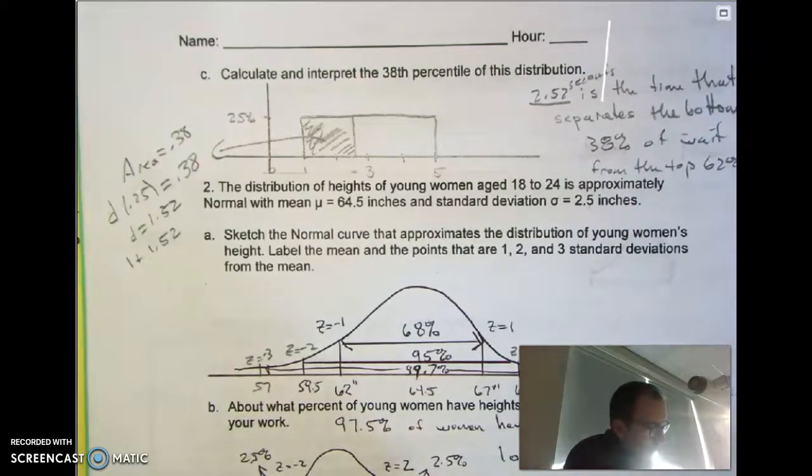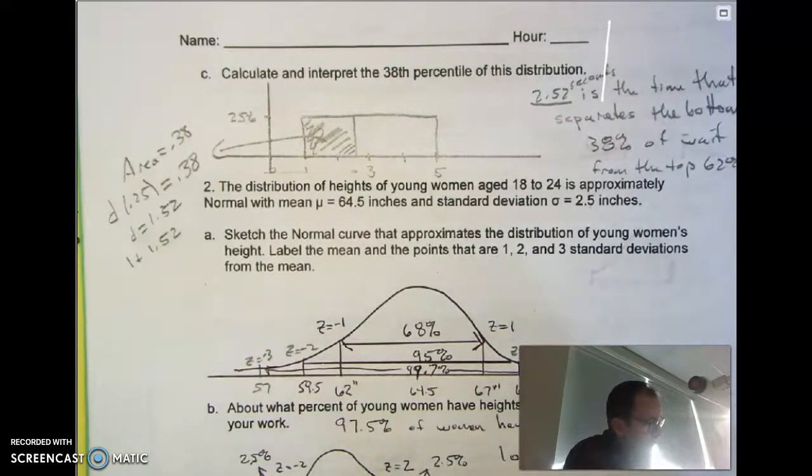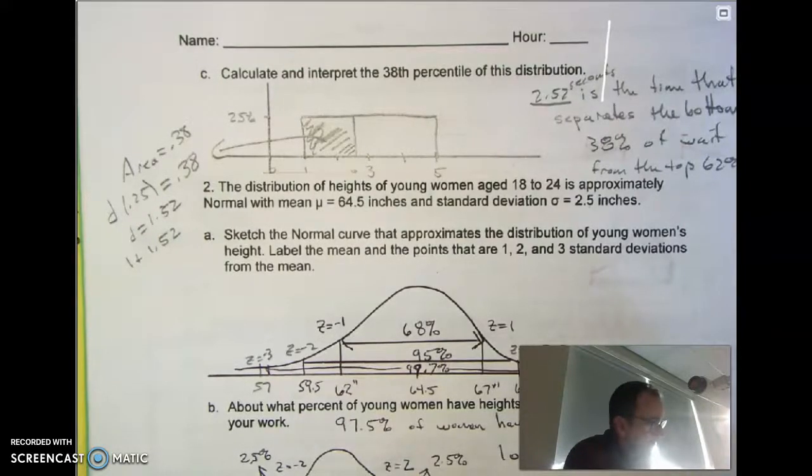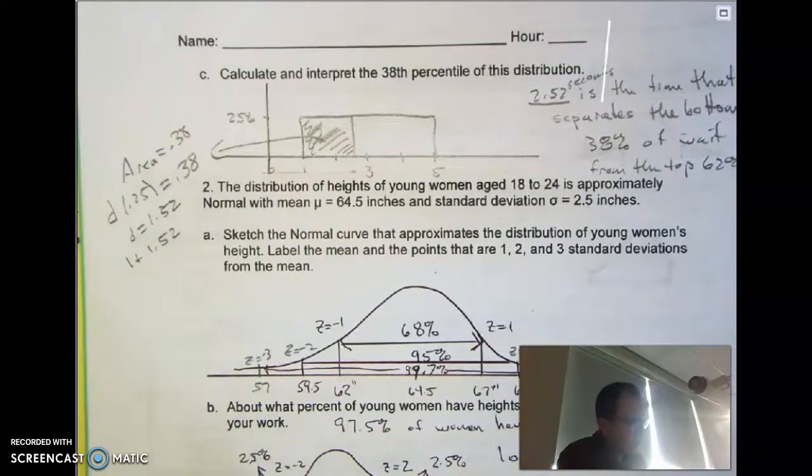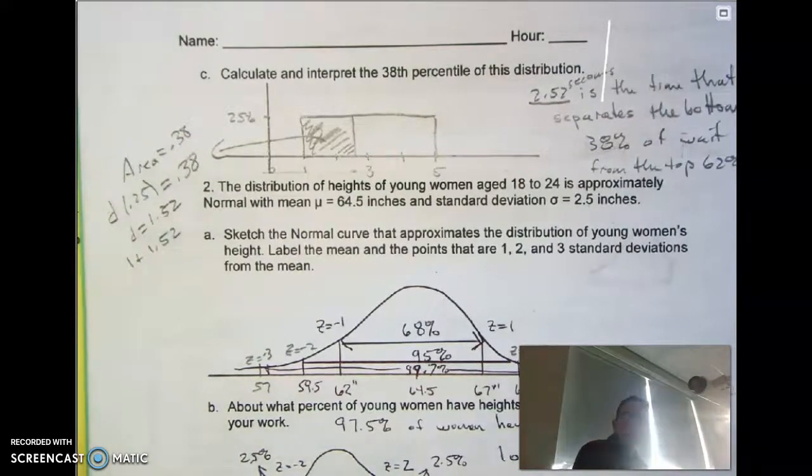So if 68% of the women are in here, then we can take 100 minus the 68%, divide by 2, and we'll get 16% of the women are going to have heights that are shorter. 16% of the women are going to be shorter than 62 inches.